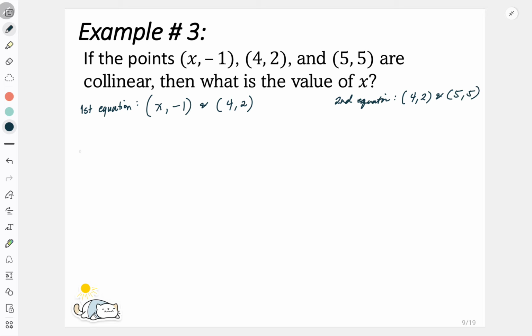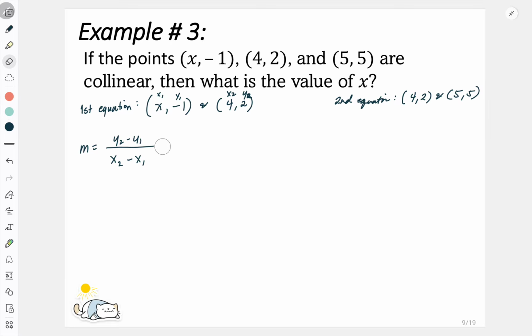So for the slope, m equals, with x sub 1, y sub 1, x sub 2, y sub 2, y sub 2 minus y sub 1 all over x sub 2 minus x sub 1.